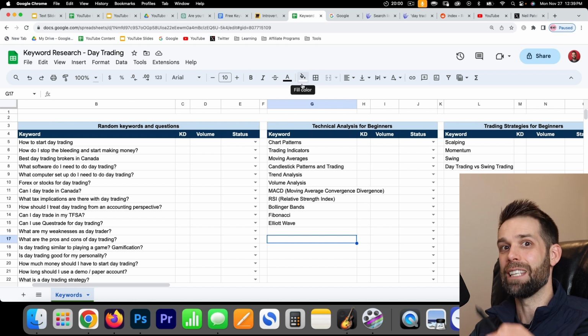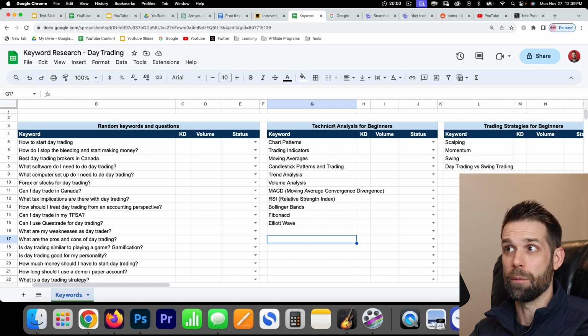But we haven't niched down that much. We're talking about day trading in general, so it's going to be a much larger site than just technical analysis. These would make up your hub pages, which are like mini sites in themselves.